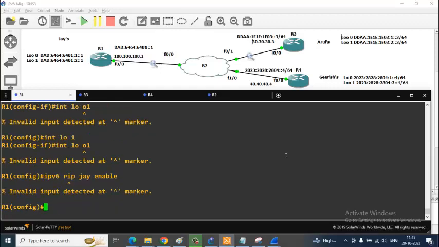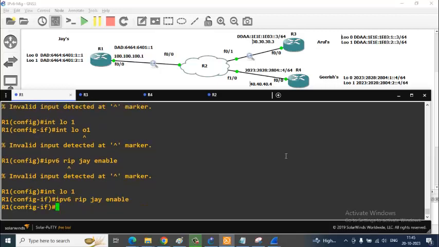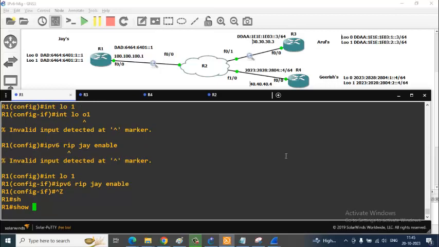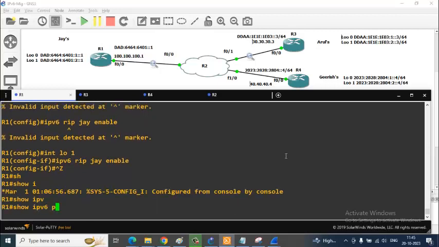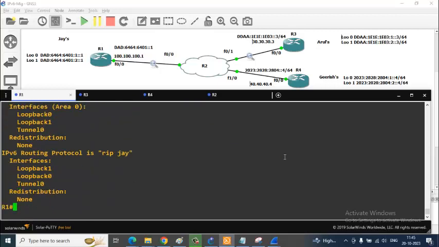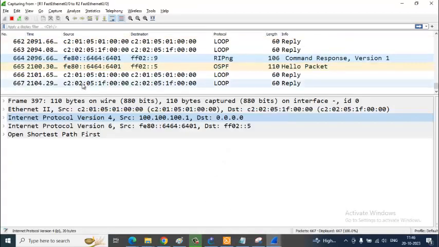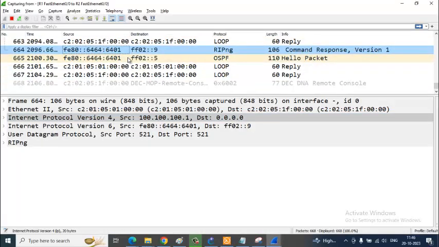Oh no. Show IPv6 protocol. Now, do I see any? Okay, I'm also seeing 9 going.